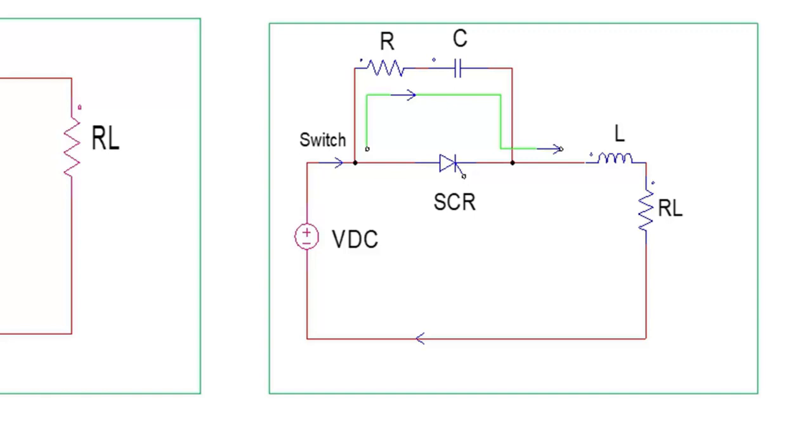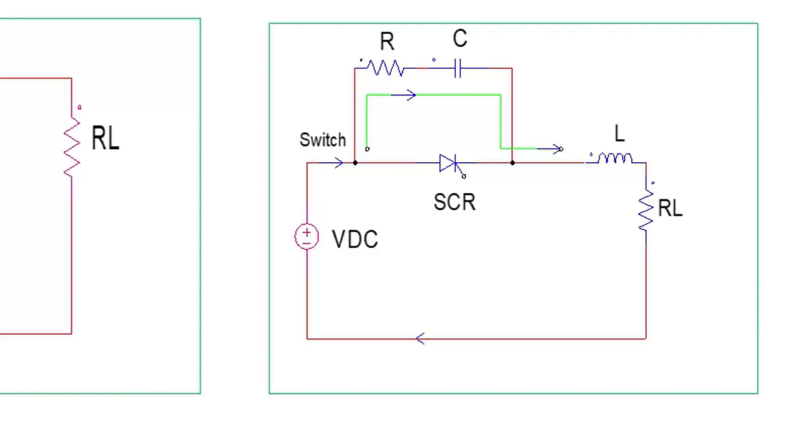Now to find the value of this R, C and L, I will follow an approximate method, and that is very simple and very effective in designing the snubber circuit. So let's start with this. As we know that at t equal to 0, capacitor has nothing to do.